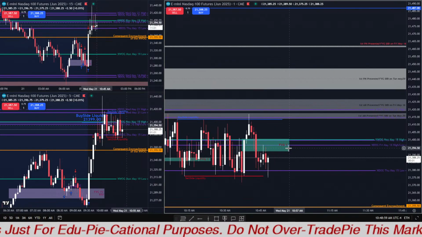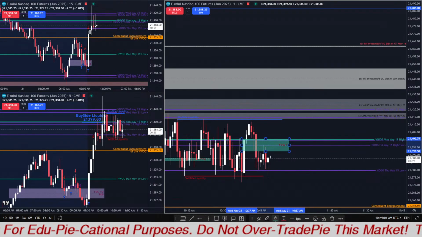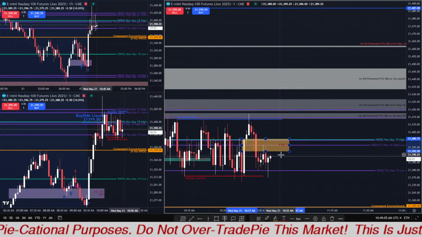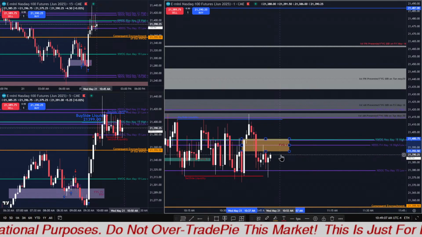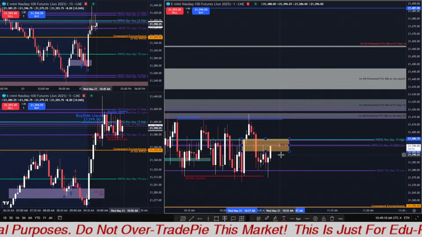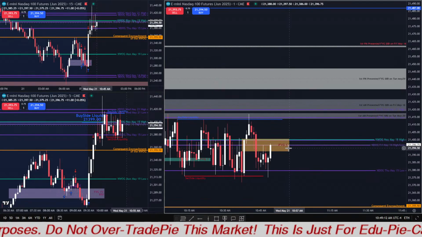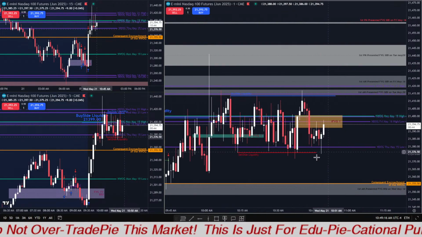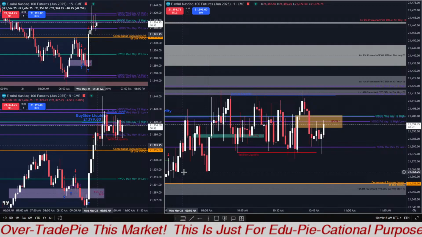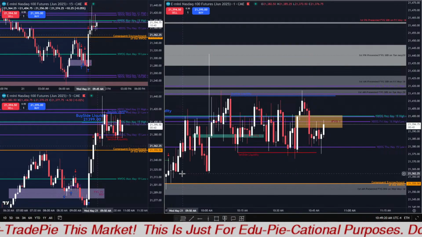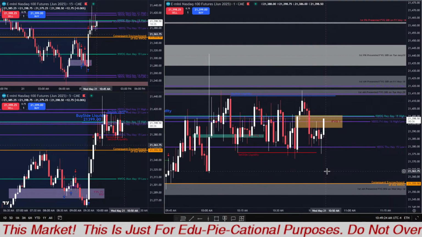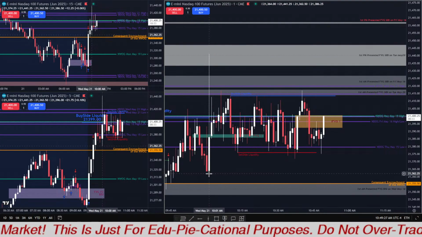Maybe we can use this as an inversion fair value gap over here because we closed below that and we always respected the lower quadrant of the lower half of the fair value gap. And we do have these levels over here at 62 that I was mentioning before in the beginning of the live stream.